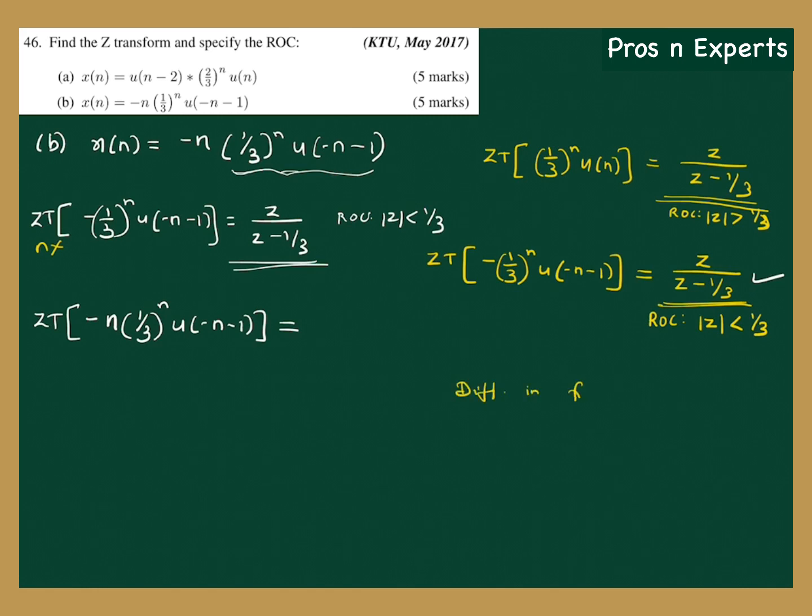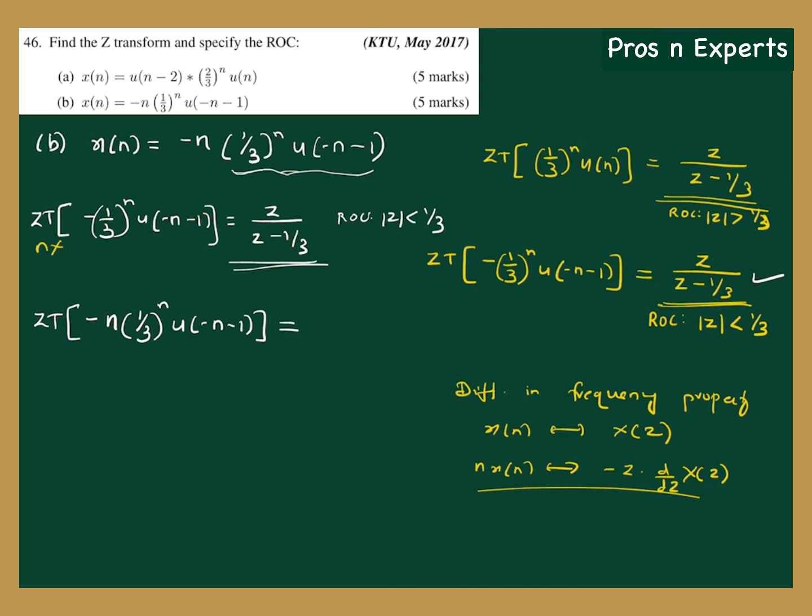It says that if x of n has a z transform X of z, then n into x of n will have the z transform minus z into d by dz of X of z. So let's make use of this property.